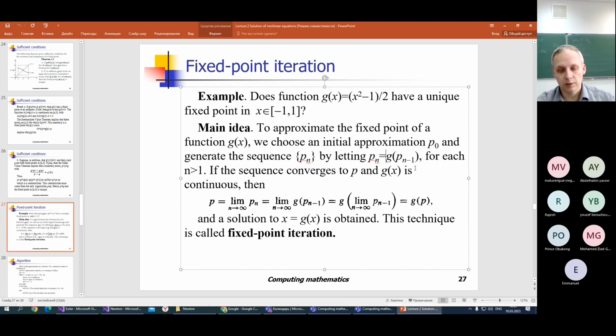This method is very flexible and can be applied for solving a wide class of problems, in particular, finding the roots of equations.